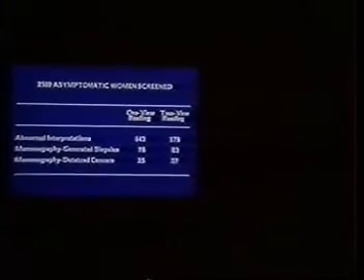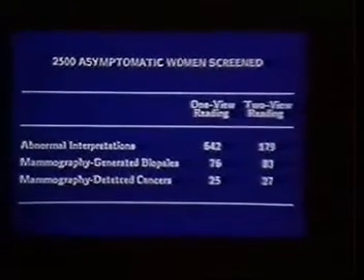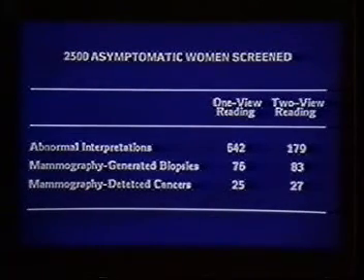Another way that a single view abnormal can be converted into a two-view normal reading without the need for any further images. Let's look at the bottom line statistics. Remember, we were looking at these 3 parameters.